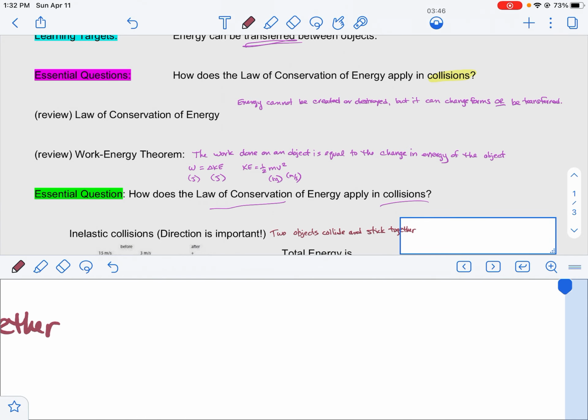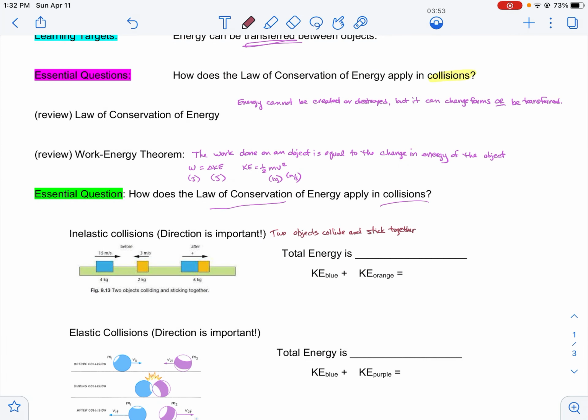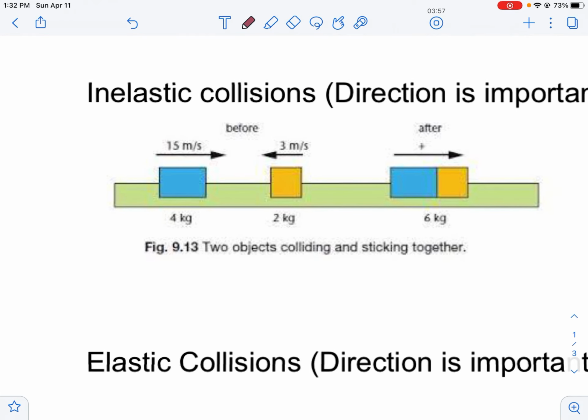When we looked at momentum way back when, before Christmas, this is what we looked at, right? Collisions where two objects collided and stuck together. So if I look at my objects here, I can see that I've got a blue box and a yellow box, and the blue box is moving to the right, the yellow box is moving to the left, they hit each other, they stick together, maybe there's Velcro or something in there, who knows, and they're moving off together, toward the right.